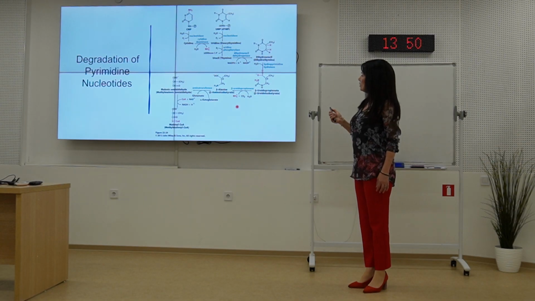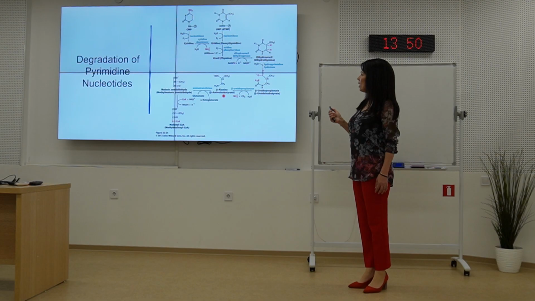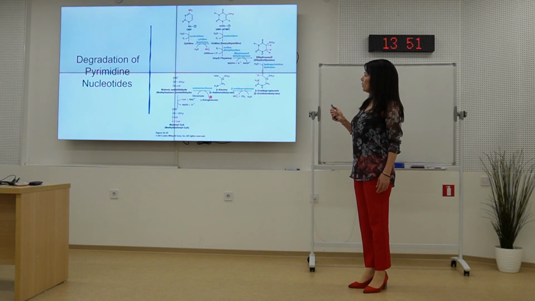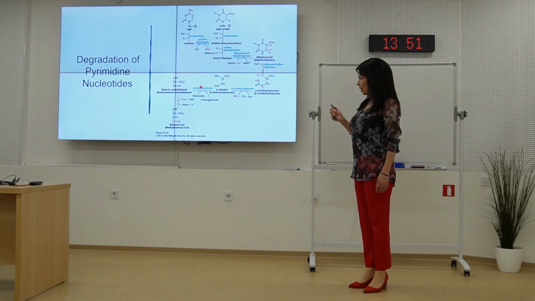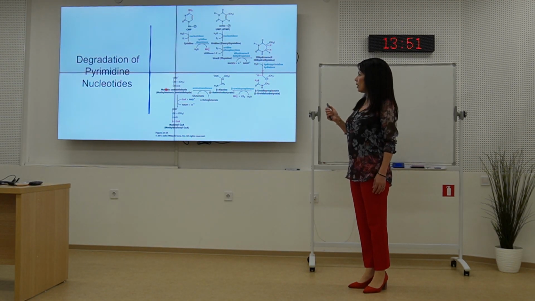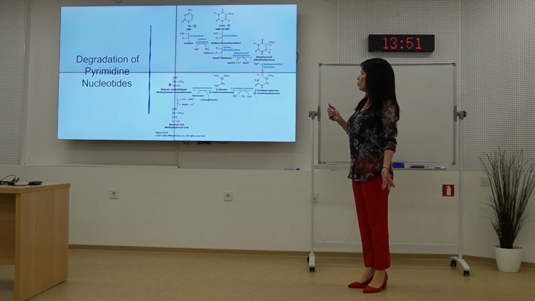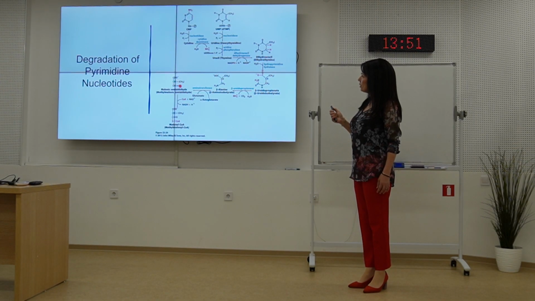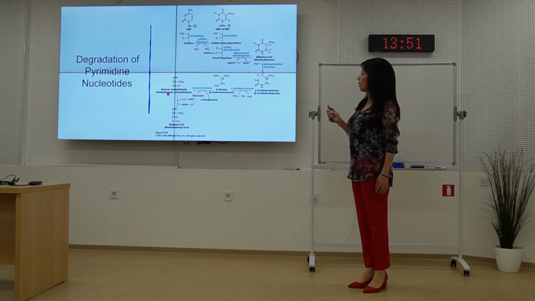Then deamination and formation of beta-alanine or beta-aminoisobutyrate if you're talking about the TMP. Then transferase reaction to form malonic semialdehyde if we're talking about both of the other pyrimidine nucleotides, or methylmalonic semialdehyde if you're talking about deoxy-TMP.